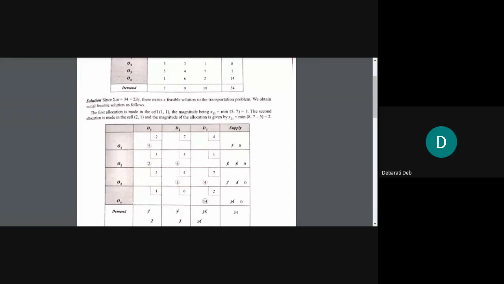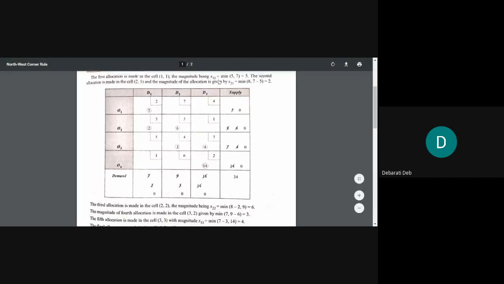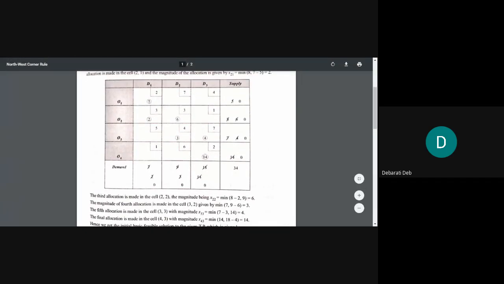So in a transportation problem, at the beginning itself you can find out whether there exists a feasible solution or not. No need to write these steps; they are already on the third page, the last page of yesterday's PDF.